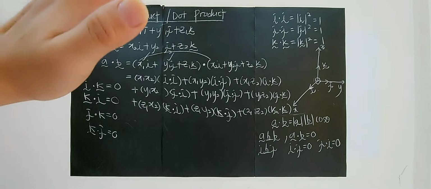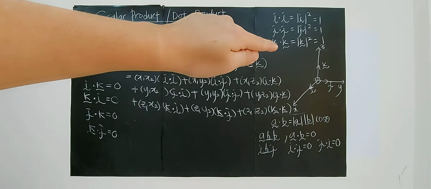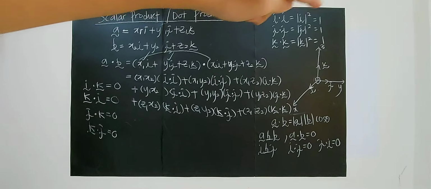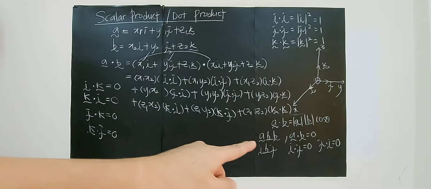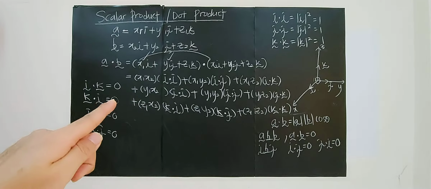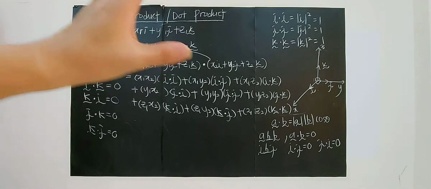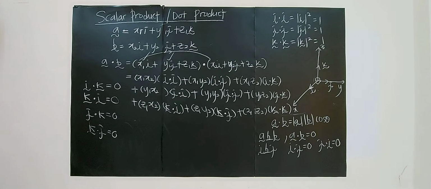So why am I talking about this? First, if there are two identical vectors, when you dot them, you get 1. I have already told you the reason. If they are two perpendicular vectors, for example i and j, j and k, k and i, they give you 0. Now you have this knowledge. Look at this: how to simplify?